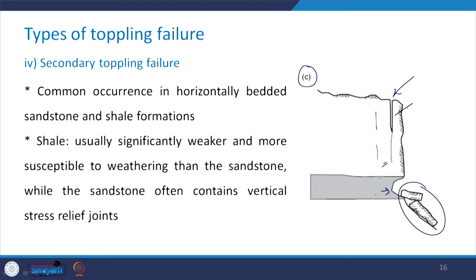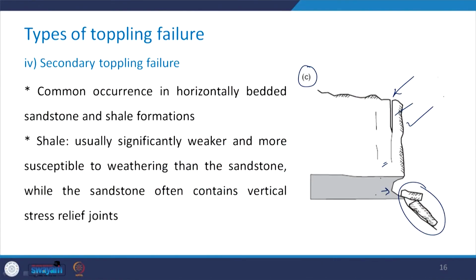Shale usually is quite weaker and more susceptible to weathering as compared to the sandstone, while the sandstone often contains vertical stress relief joints. So, these two characteristics of shale and sandstone make them prone to experience this type of toppling failure.